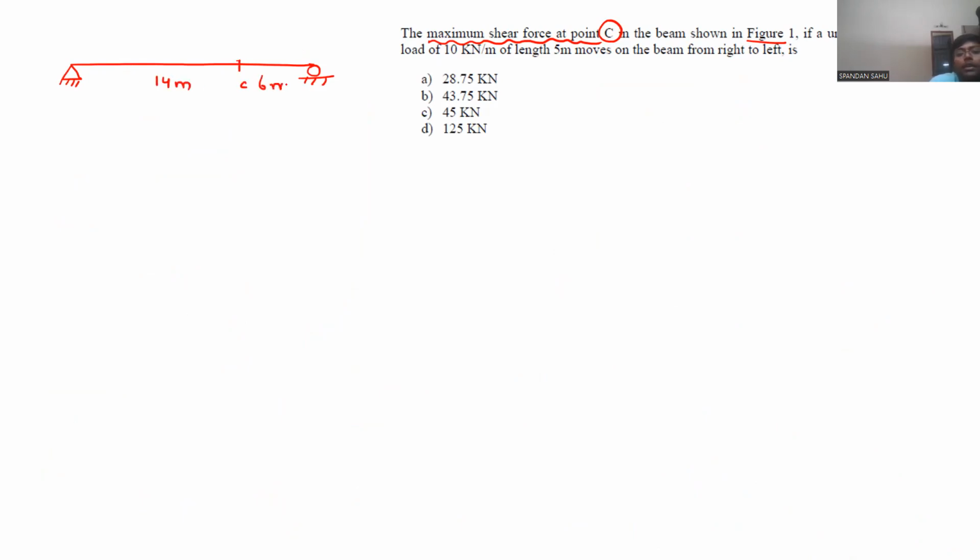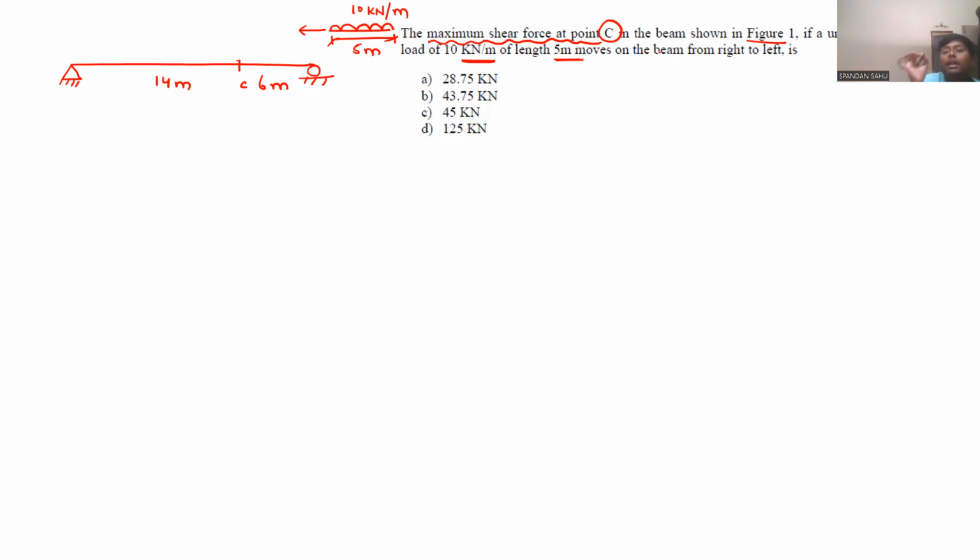This was 6 meter. If a uniformly distributed load of 10 kilonewton per meter of length 5 meter moves on the beam from right to left, it means your loading is a UDL of W equal to 10 kilonewton per meter, length 5 meter. It will move from right to left and cross this beam.